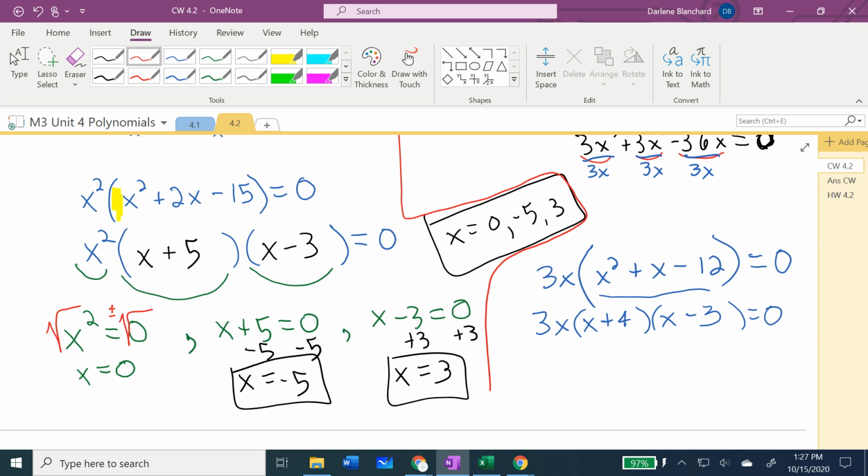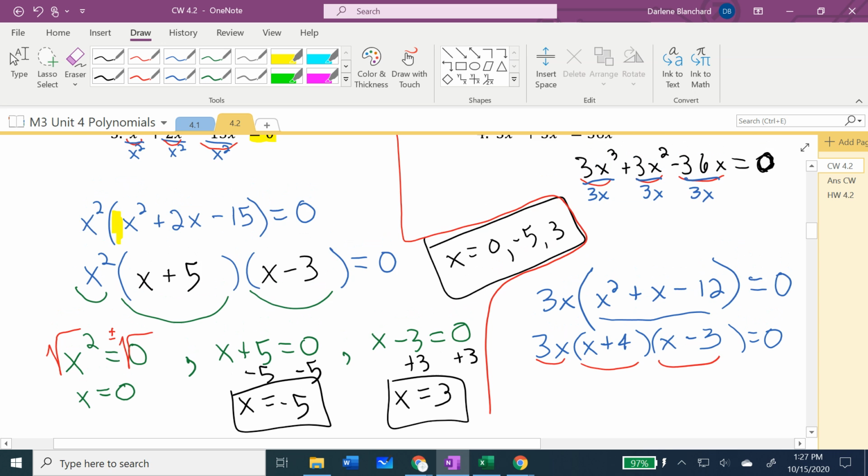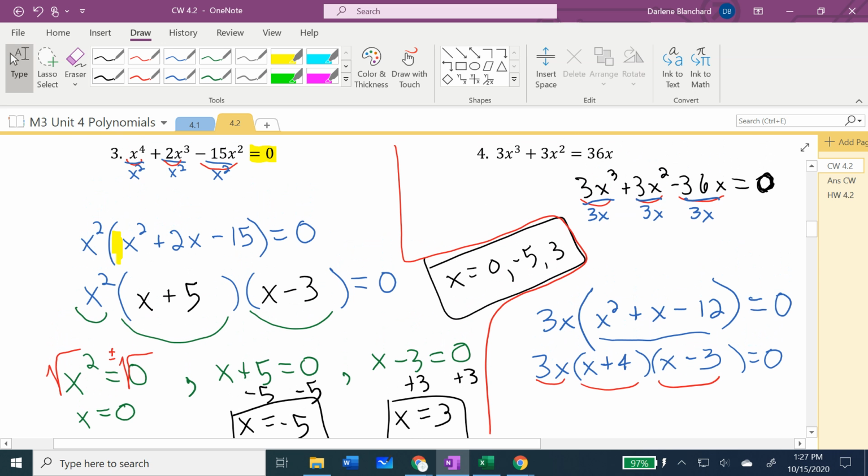But now that I've factored, once I get that factored, I take each individual factor, set it equal to 0, and solve. So I've got 3x equals 0, x plus 4 equals 0, x minus 3 equals 0.